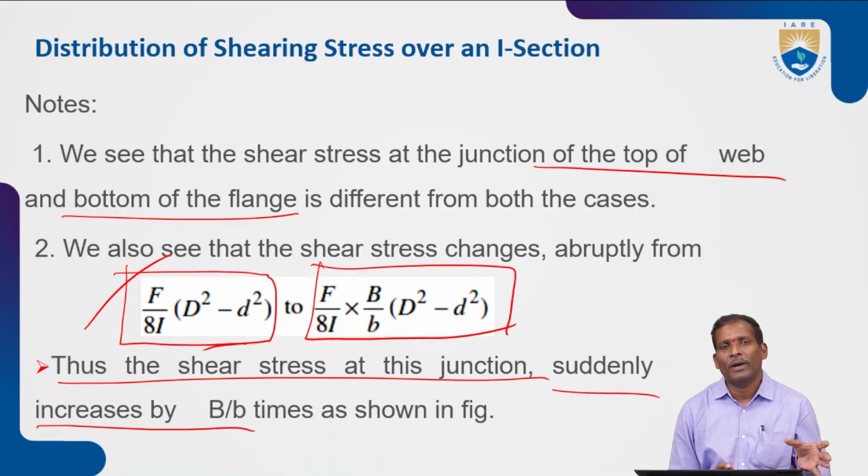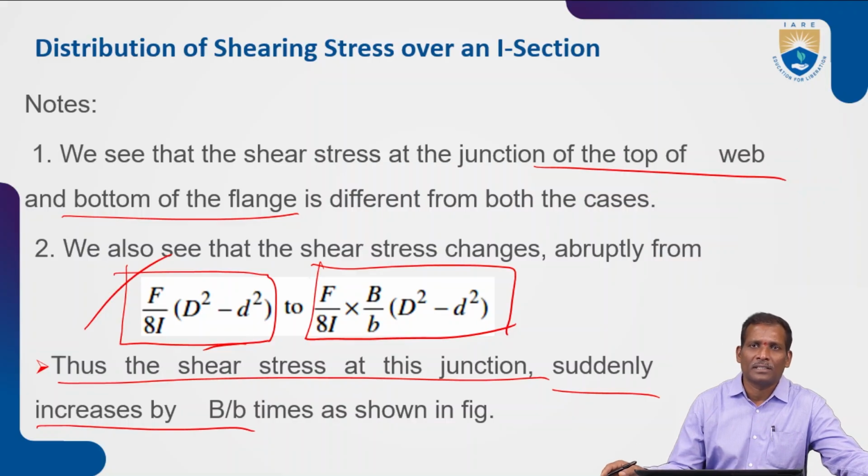One case is y is greater than d by 2, where small d by 2 means the depth of the web portion. And the second case is y less than d by 2. See that the shear stress changes abruptly from F by 8I into capital D square minus small d square to F by 8I into capital B by small b into D square minus d square.